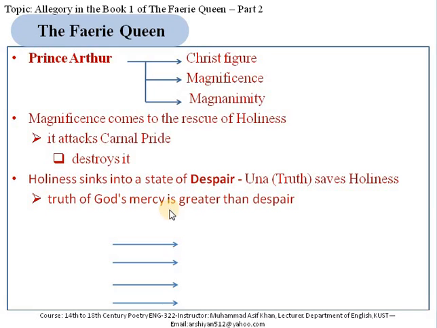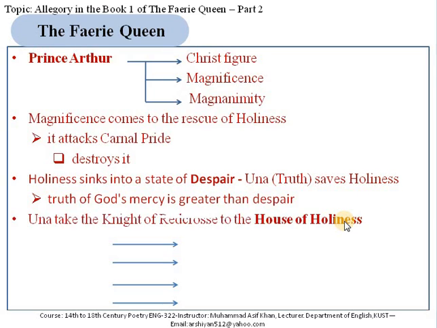This is one of the lessons that Red Cross learns in the House of Holiness, which is an exact counterpart of the House of Pride. In the House of Holiness, where Una brings the weakened Red Cross, instead of Lucifera there is Caelia, that is heavenly grace.